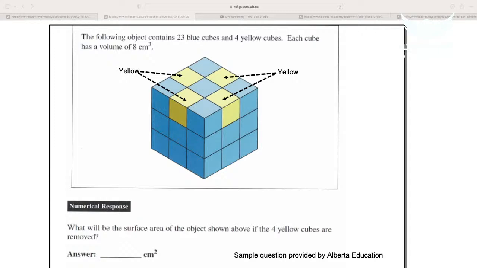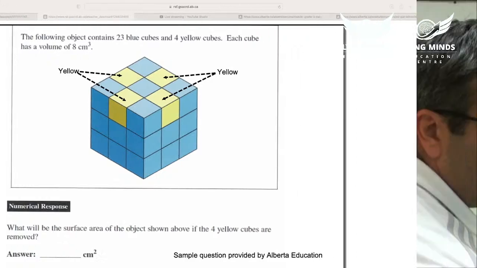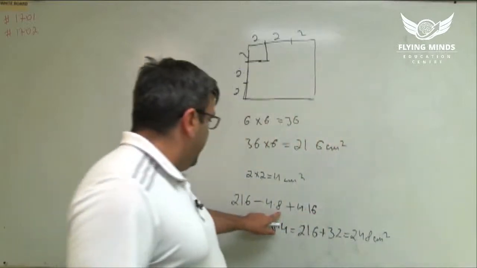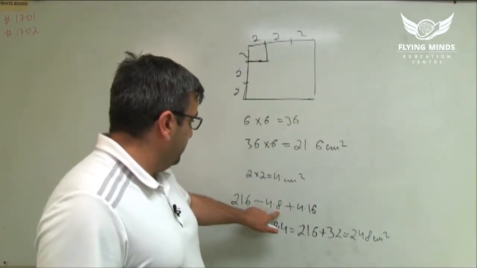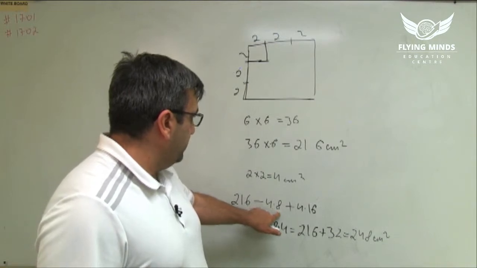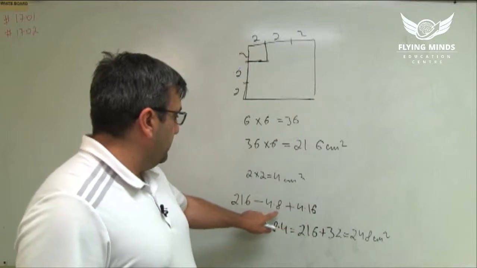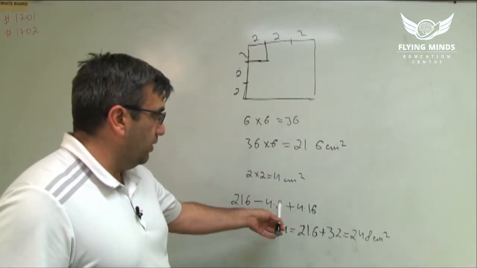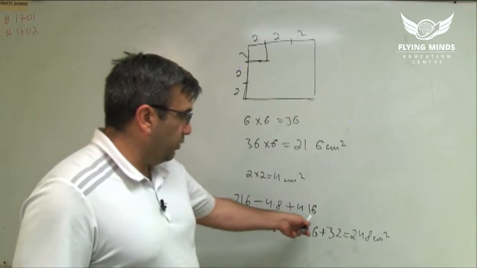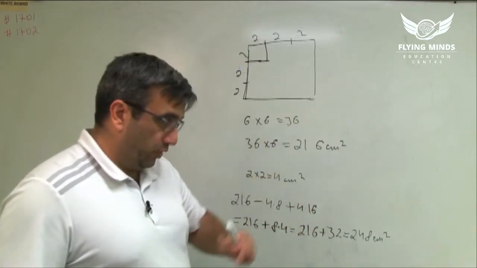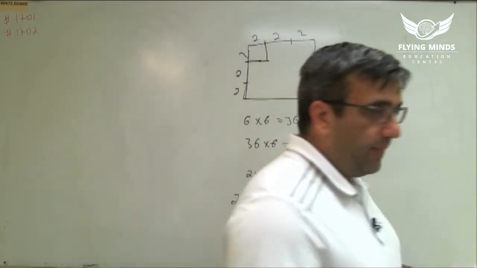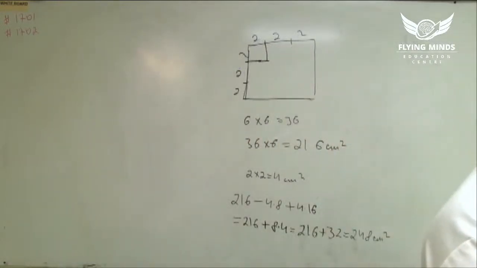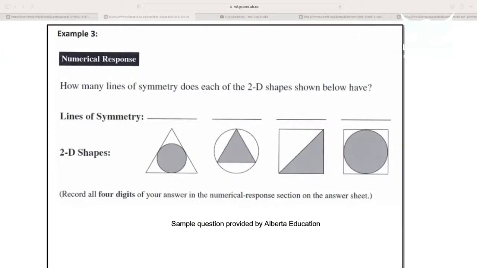Let's double check: 8 because 2 times 4, or 2 faces of 4 cubes, and here we add 4 faces of each of the 4 small cubes that we removed. Okay, please read the question.